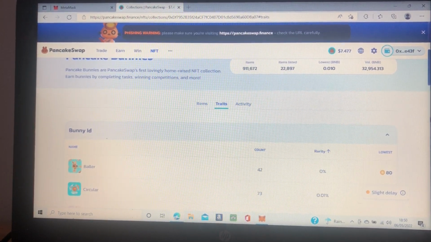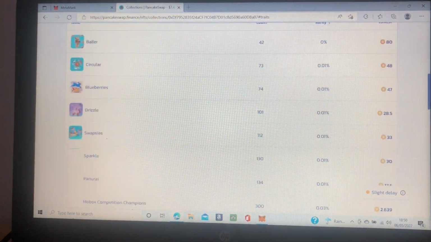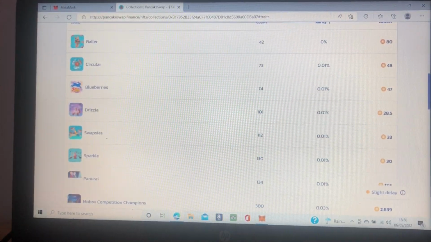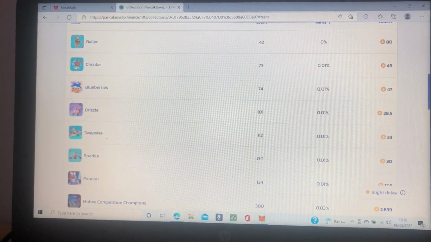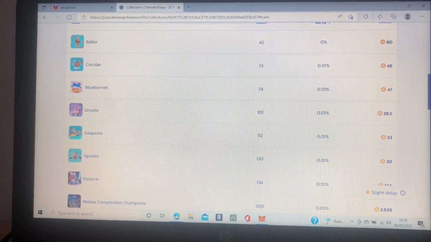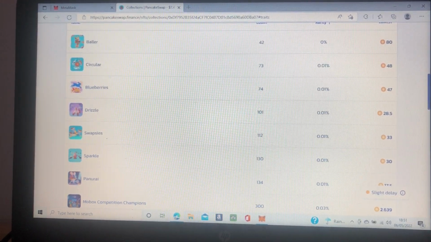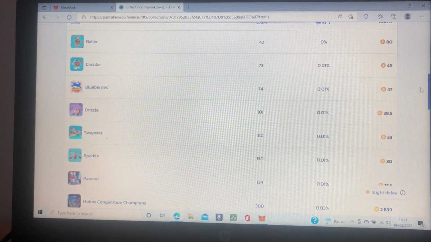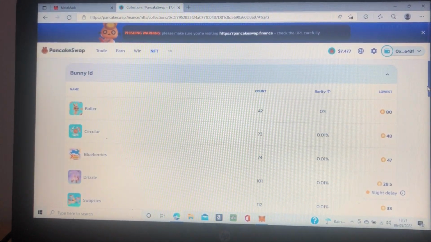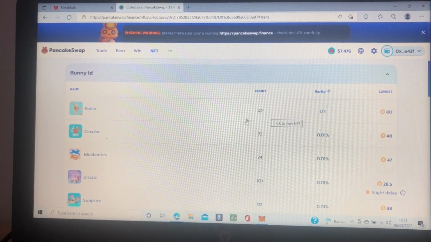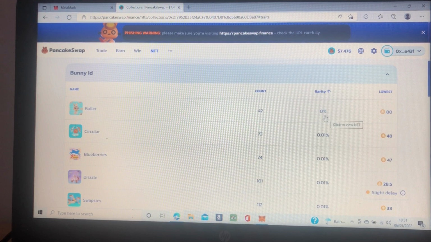So the traits are like what makes it unique. Each NFT, even if they are from the same family, has things that make them unique. There can be twins, and then one is more intelligent than the other, and that is what makes him unique over the other. So, name: baller. There are 42 ballers in a total collection of 911,000. Rarity 0%.